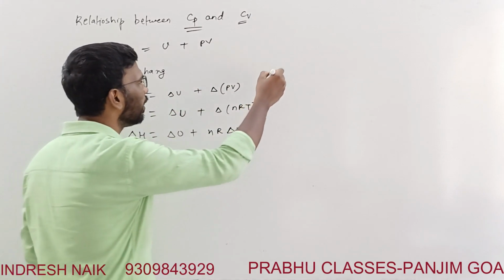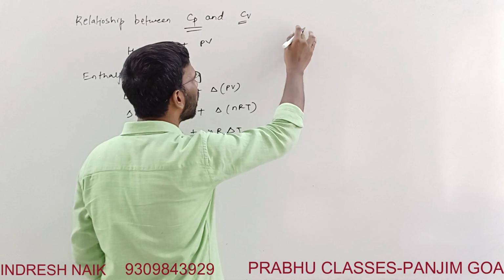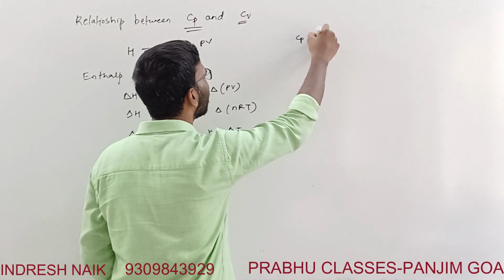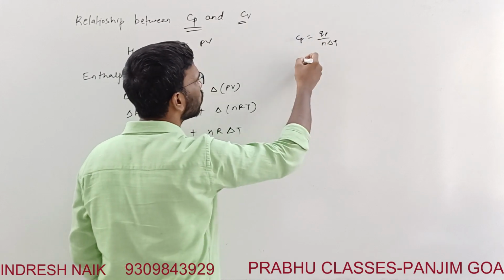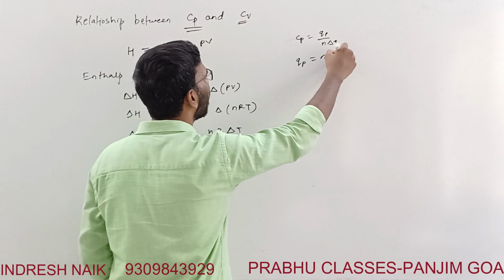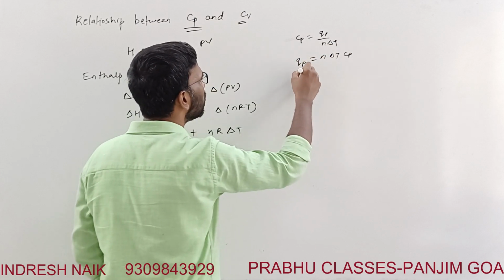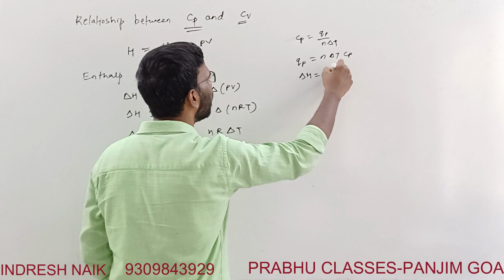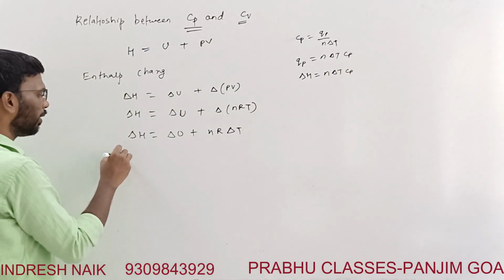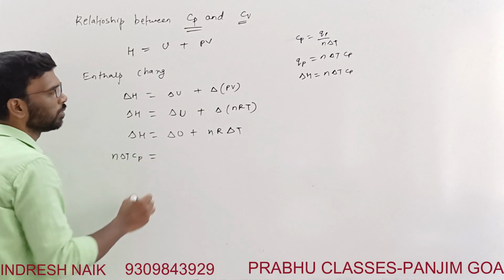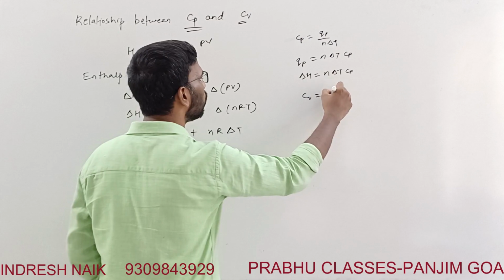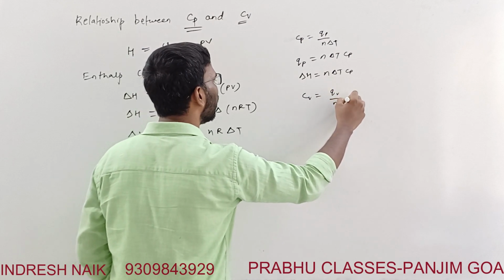To solve this again, delta H, we can write Cp is equal to Qp by n delta T. So Qp is equal to n delta T Cp. Qp is equal to delta H, n delta T Cp. So I am writing this over here, n delta T Cp. At constant volume, Cv is equal to Qv by n delta T.